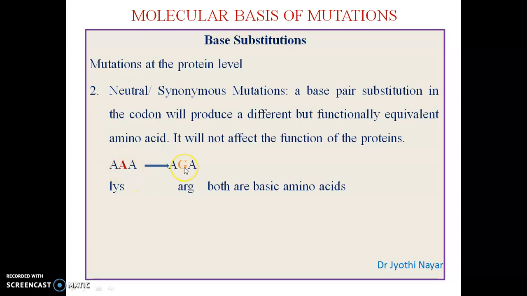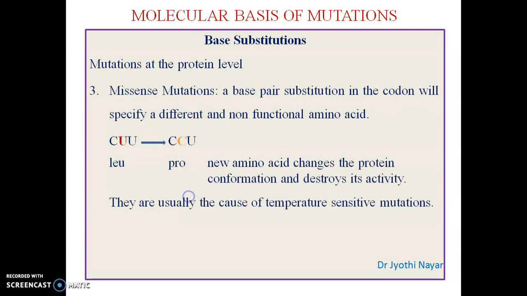A is getting converted to G, so it is a transition mutation. Both lysine and arginine are basic amino acids, so they do not alter the functioning of the protein. In some cases, you find that the altered amino acid is not critical for the functioning of the protein. Hence, it does not cause any effect.